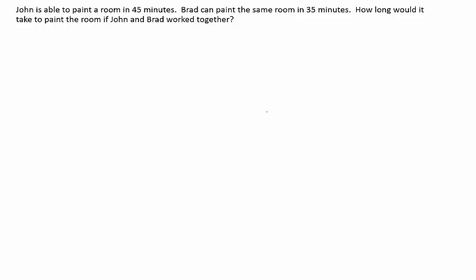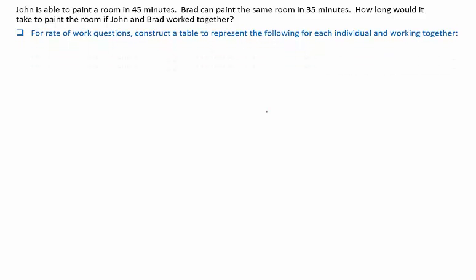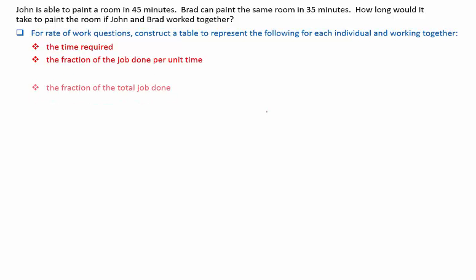For word problems involving rational equations, it is often helpful to set up a table to create the equation. For rate of work questions, such as this one, construct a table to represent the following for each individual and for working together: the time required, the fraction of the job done per unit of time, and the fraction of the total job done.